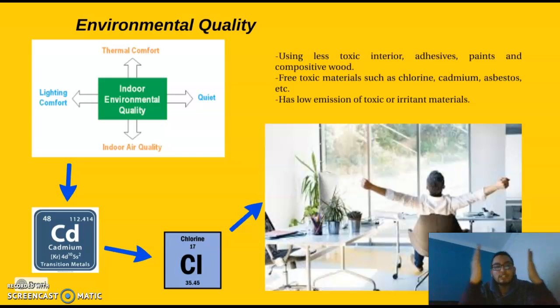The indoor environmental quality is the solution for that because you are going to use fewer toxic materials indoors. You are going to use toxin-free materials, such as you can see in this slide, chlorine and cadmium, and you are going to help the environment because you are going to produce low emissions of toxic or irritant materials.